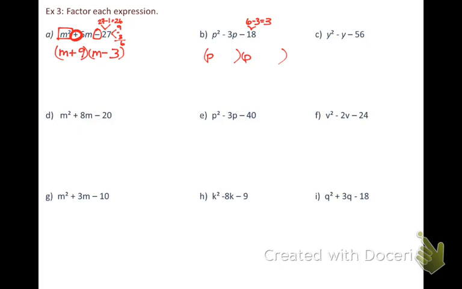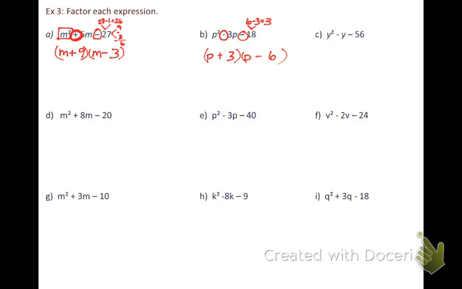I knew immediately that it would be 6 and 3. Again, I need a plus and a minus sign, because I have a negative right there. And this time my first sign is a negative, so the bigger number needs to go with the minus sign. So 6 will go here, and 3 will go with the positive.